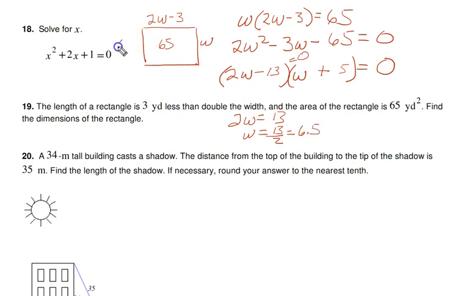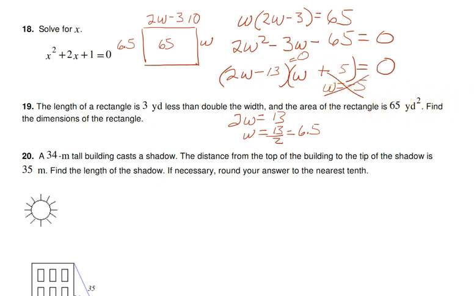So our width here is 6.5. And double that is 13 minus 3. This is going to be 10. And 10 times 6.5, this checks out. Okay, and then this one is just a W equals -5 that we reject.